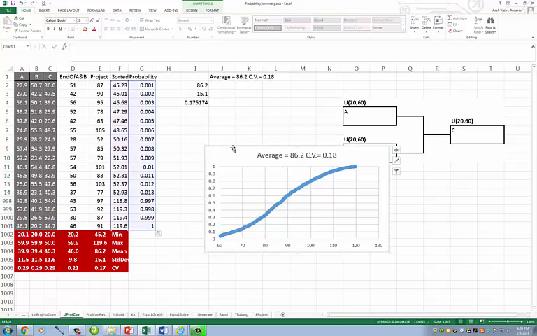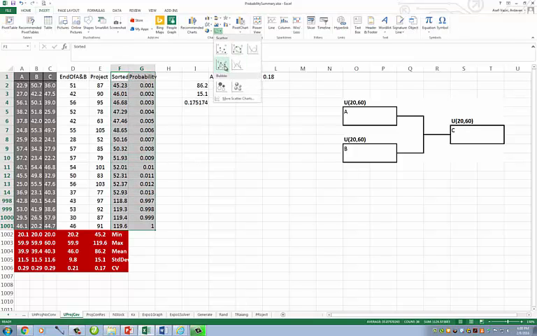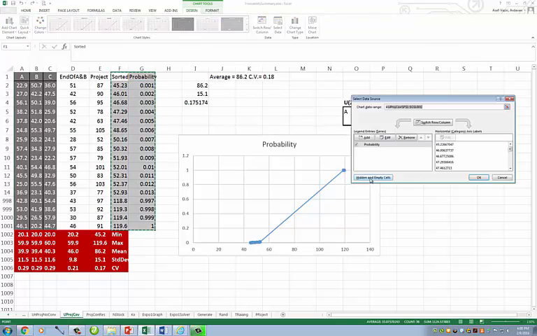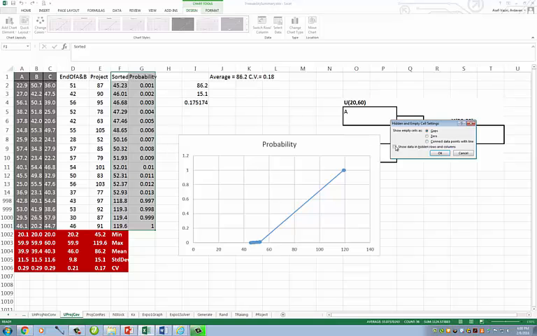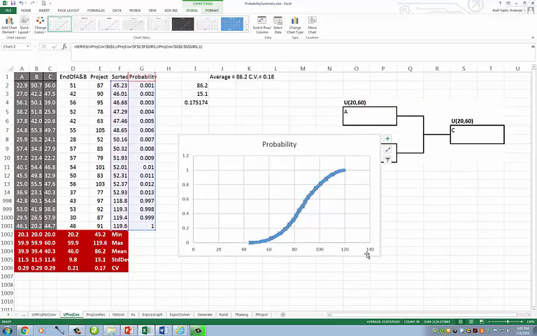Therefore, if I delete this one, if I click on these two, select data, and I can a little bit improve it. I can go here.